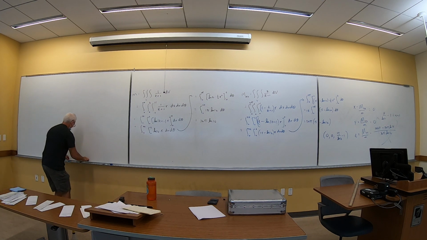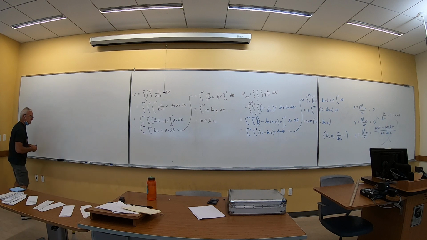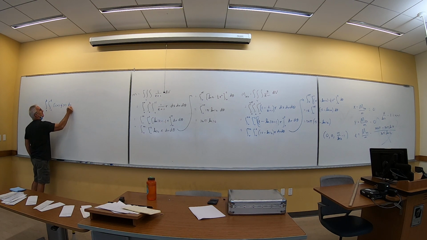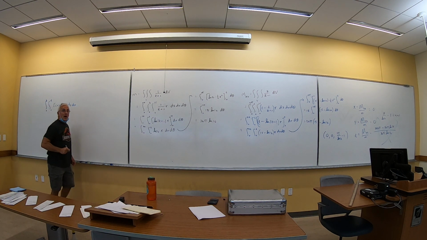So I'm going to go through a very simple problem for you right now. I want to do the integral from a to b, c to d of, I'm going to keep it simple, f prime of x, g prime of y, dy dx.